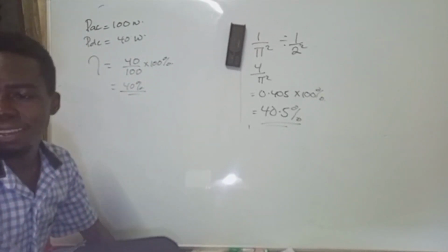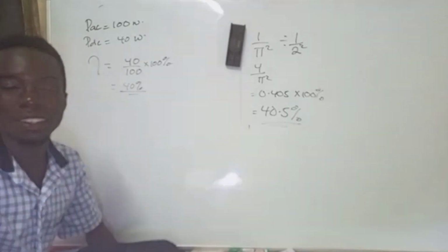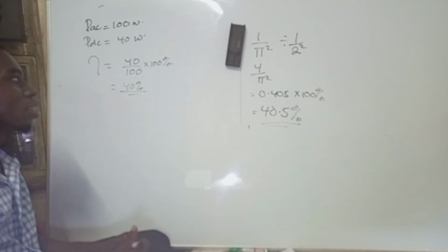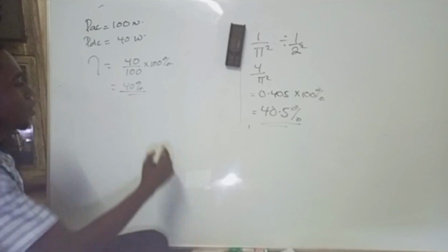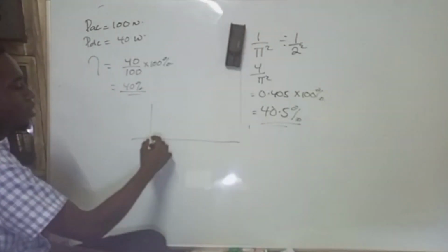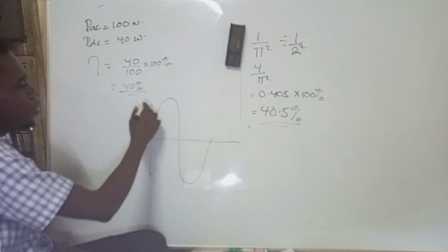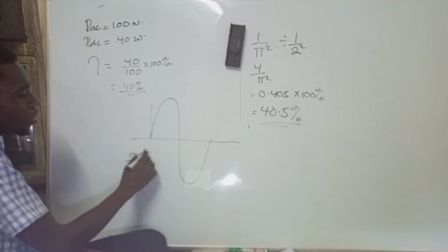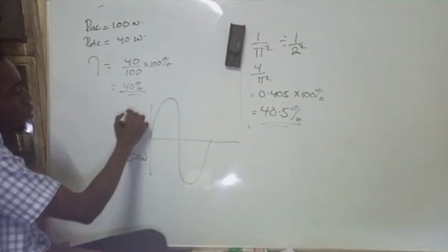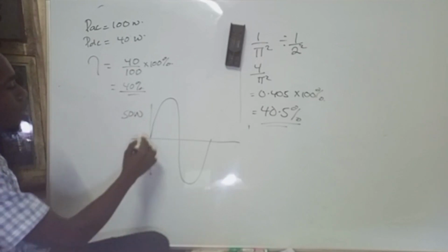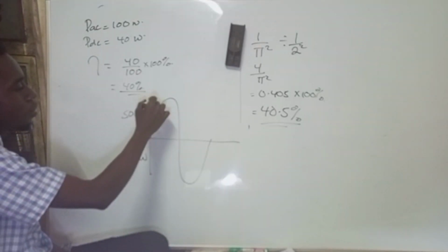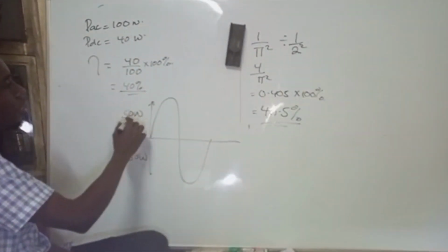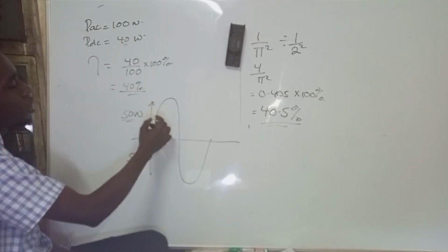But then they're also asking us, what happens to the other 60 watts? What I've previously explained is that if it was supplying 100 watts and this is the sine wave, then the lower section has 50 watts and the upper section also has 50 watts. So the rectifier is only receiving this 50 watts, and out of it, it is producing 40 watts.